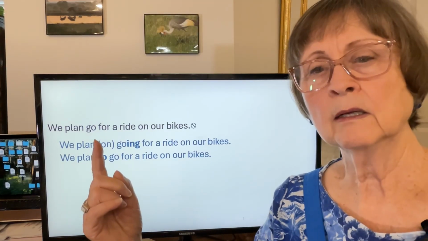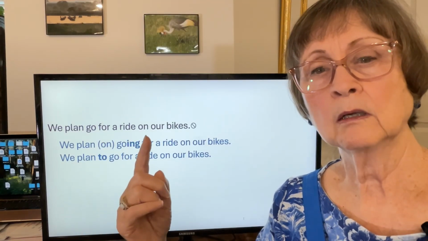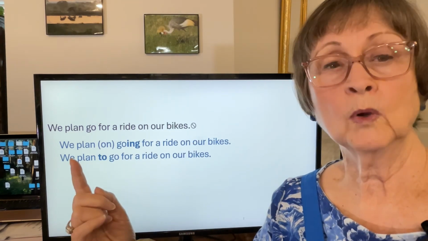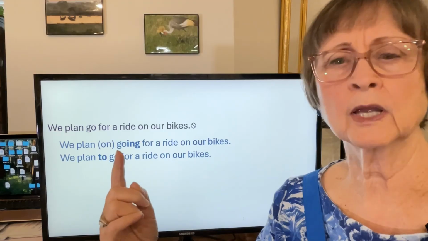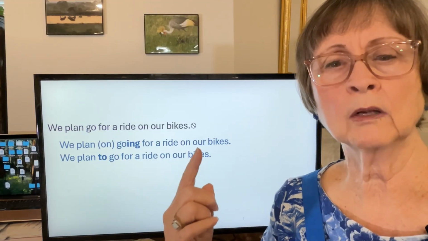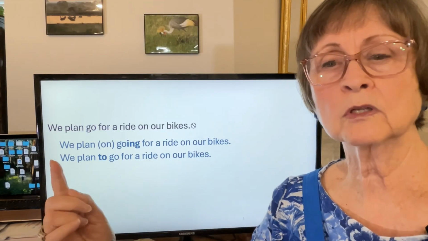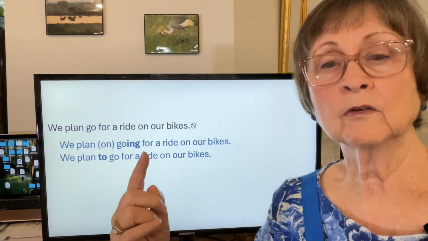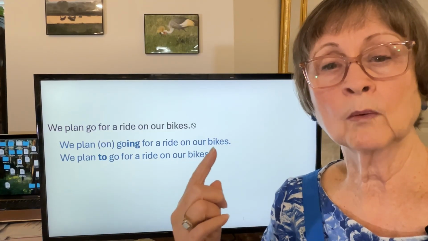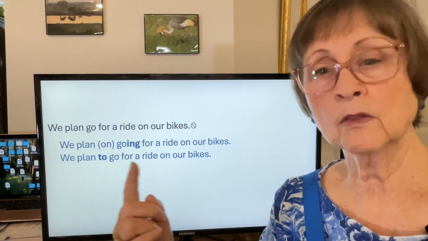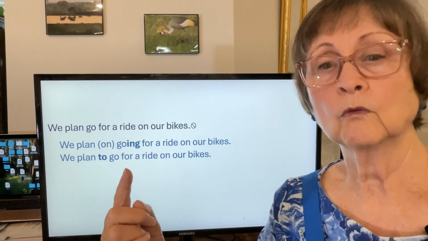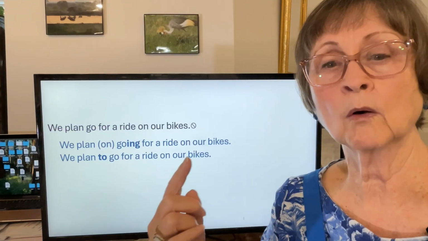We plan go for a ride on our bikes. We plan, you might say, going for a ride on our bikes. Most of the time we would say we plan on going for a ride on our bikes. And another way, which is very good, we plan to go for a ride on our bikes.